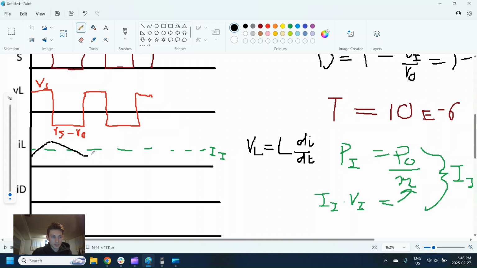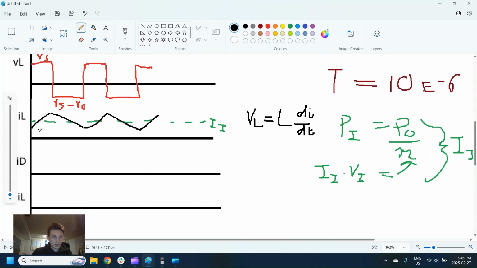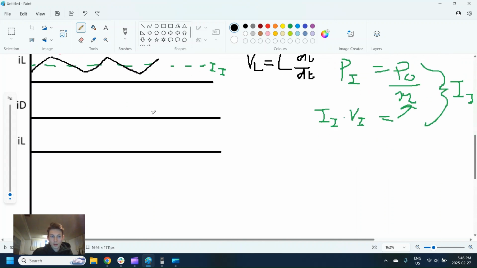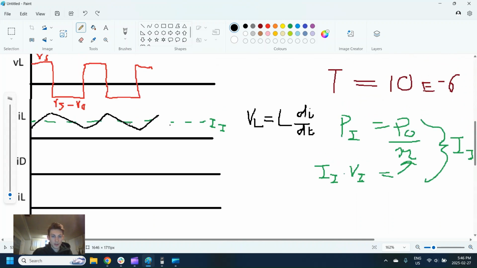I can keep drawing out some things here, but we know that it's going to be centered around this dotted line. So basically the amount of space above and below is going to be the same for the positive and the negative cycles. So that is the current through the inductor.